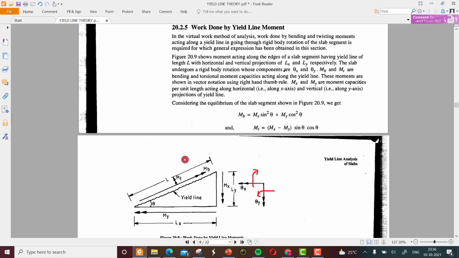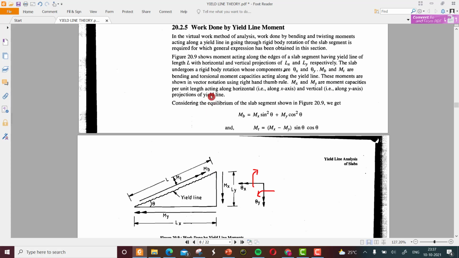The capacities Mt and Mb are the capacities along the yield line. These moments are shown in vector notation using the right hand thumb rule. Mx and My, where Mx is the moment about the vertical axis and My is the moment about the horizontal axis, are the moment capacities per unit length along the horizontal axis, and My is along the vertical axis projections of the yield line.